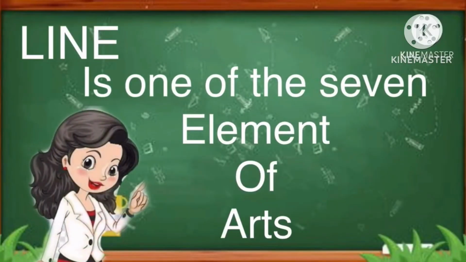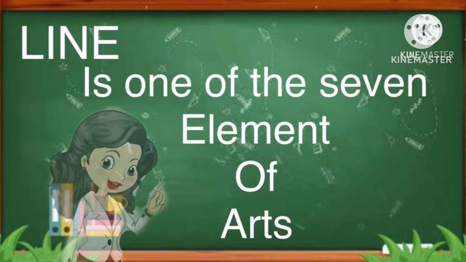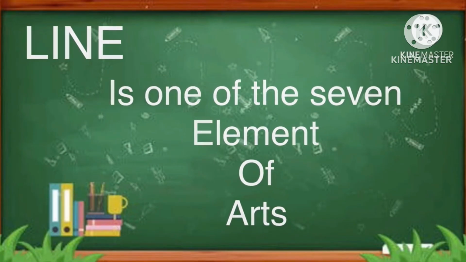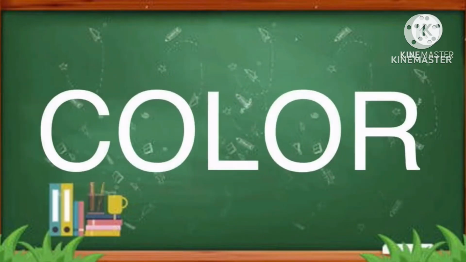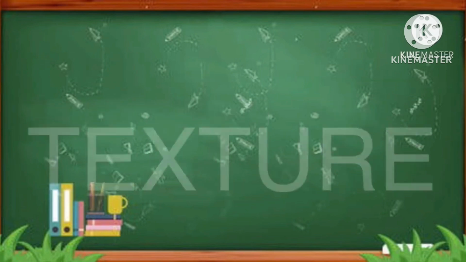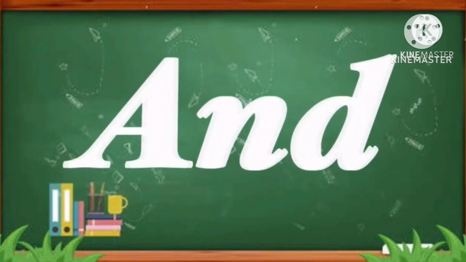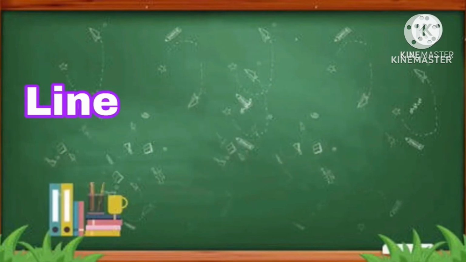Line is one of the 7 elements of arts. Among them are the shape, color, texture, form, value, and space.